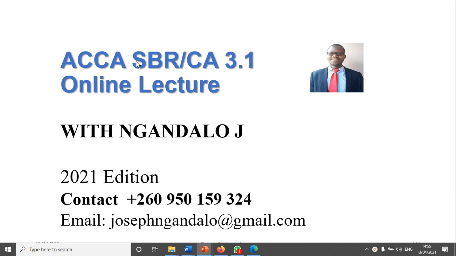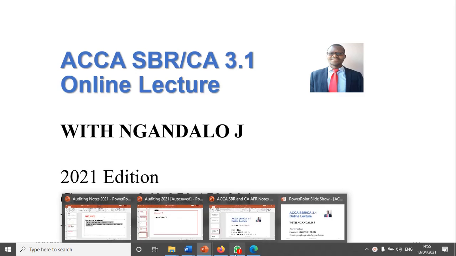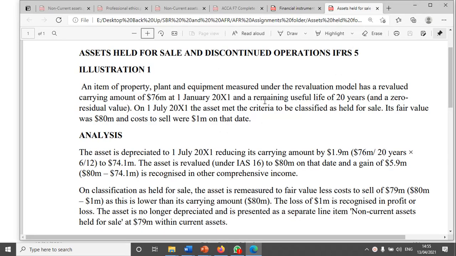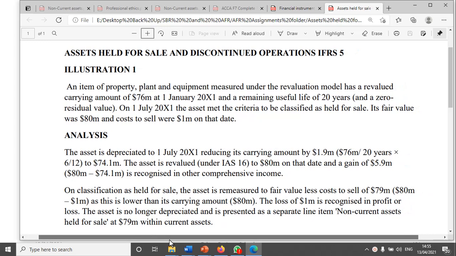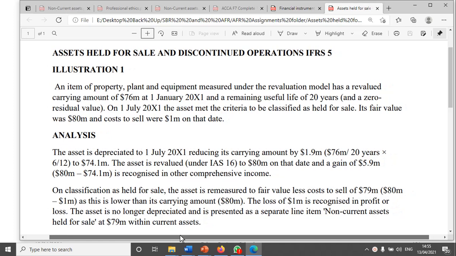Before I get into the topic for our moment, I would like to share briefly a question on an illustration on assets held for sale and discontinued operations, that is IFRS 5.